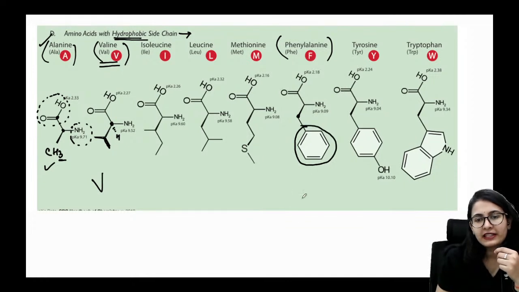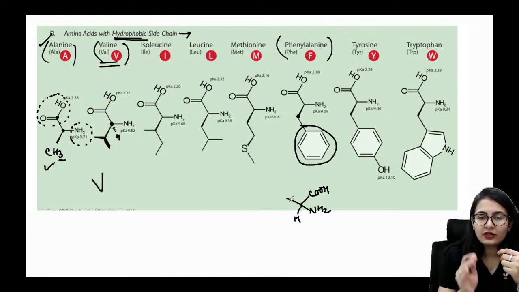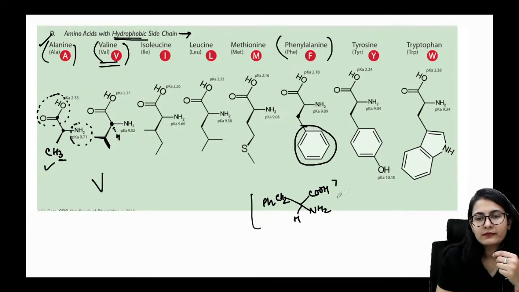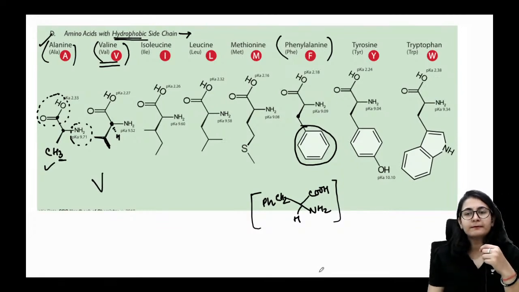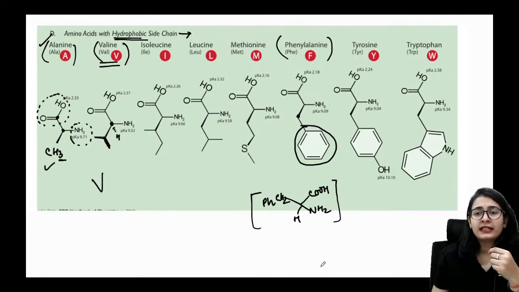Be very careful: there is COOH, NH2, one hydrogen, but it is not directly Ph, it is CH2Ph. Take care of this. So this is phenylalanine. This is also easy.